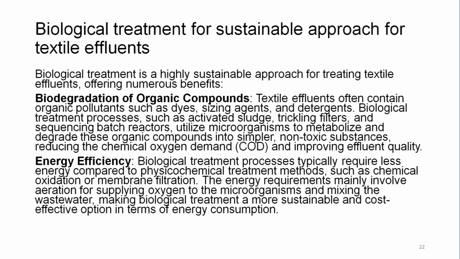Biodegradation of organic compounds. Textile effluent often contains organic pollutants such as dyes, sizing agents, detergents, surfactants and so on. Biological treatment processes such as activated sludge, trickling filter and sequencing batch reactor utilize microorganisms to metabolize and degrade these organic compounds into simpler non-toxic substances, reducing the COD and improving effluent quality.